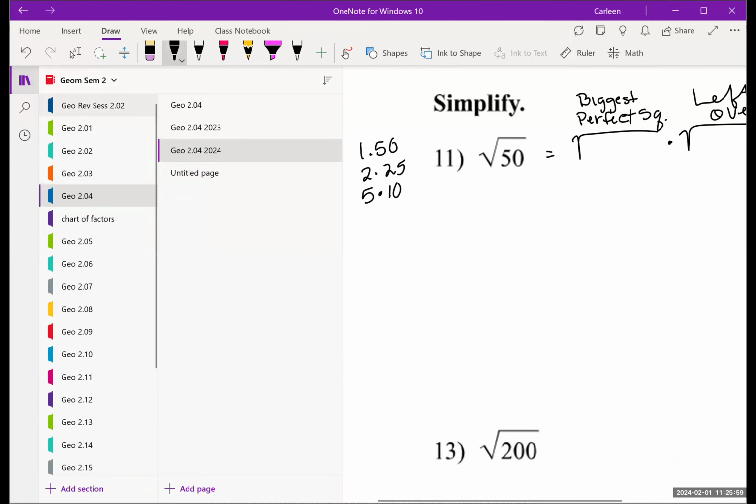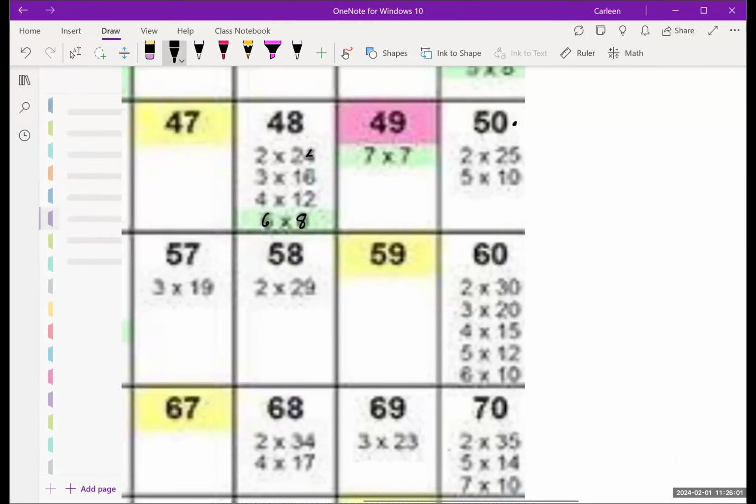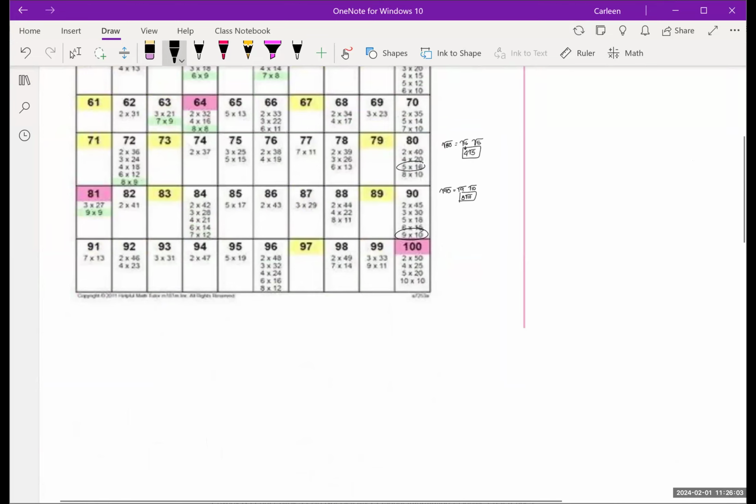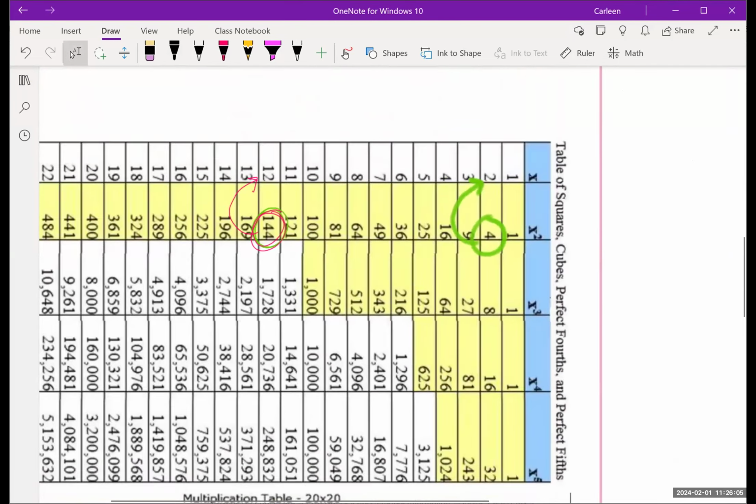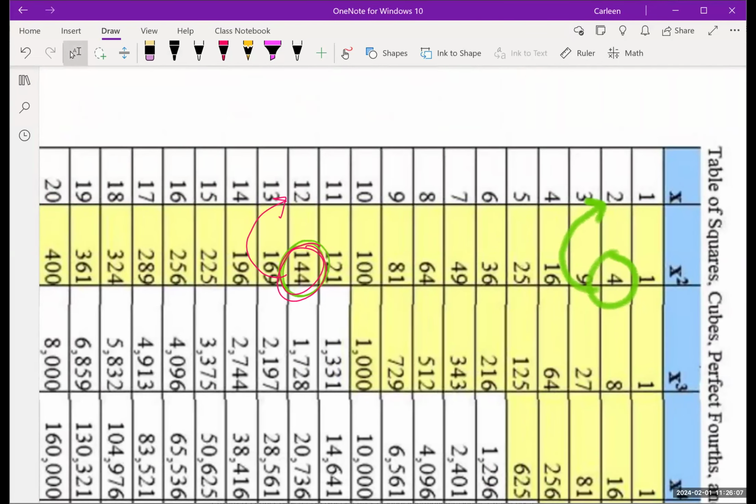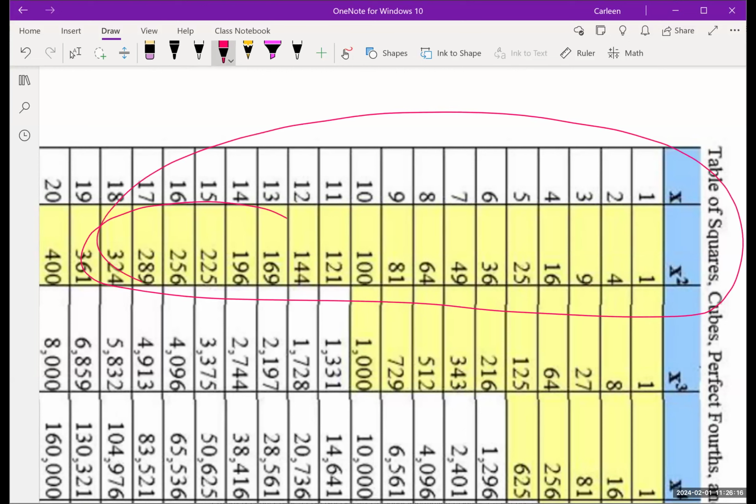Let's go look at this chart again. Okay, sorry, this is sideways. I have one for you guys, not sideways, somewhere. Take a look at these. These are the perfect squares. The square root of 4 is 2. The square root of 9 is 3. The square root of 16 is 4.